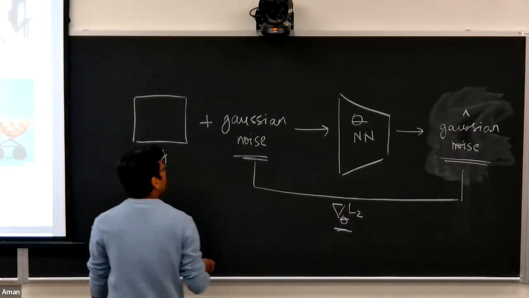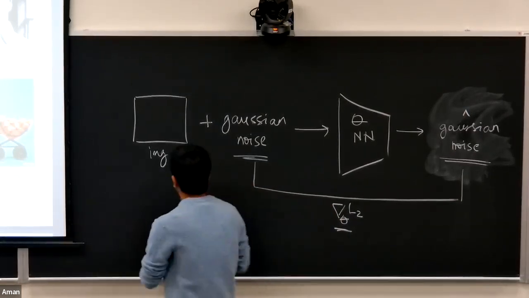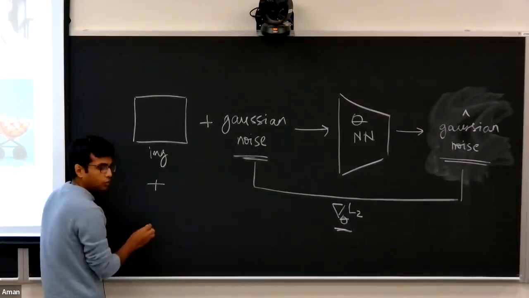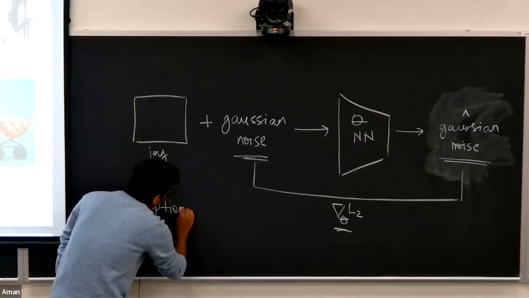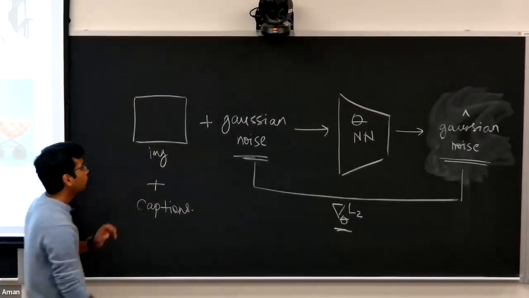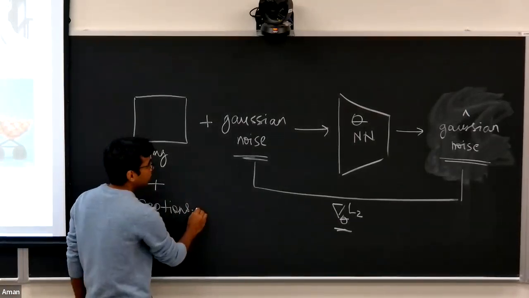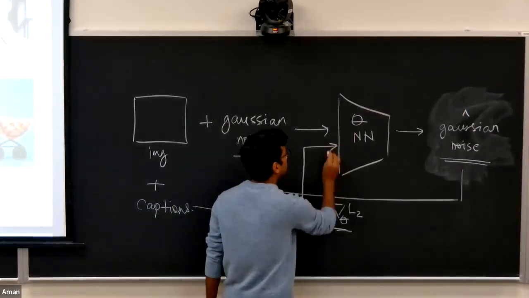So for this type of training, what you would then need is images and also the corresponding captions, right? And once you have these captions, you condition your neural network model also on the captions, right?